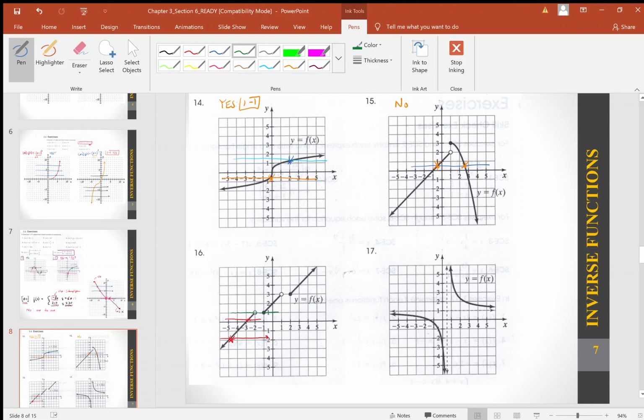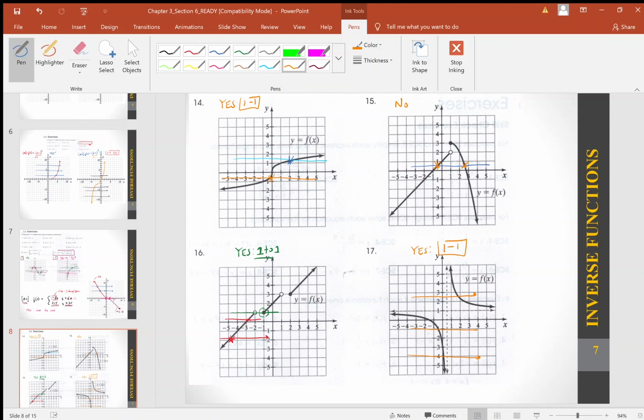But it crosses this closed point right here. That point is considered to be on the graph. So in this case, it's going to be yes, a one-to-one. Now number 17, of course, this is going to be a one-to-one function. Yes, it's going to be a one-to-one.